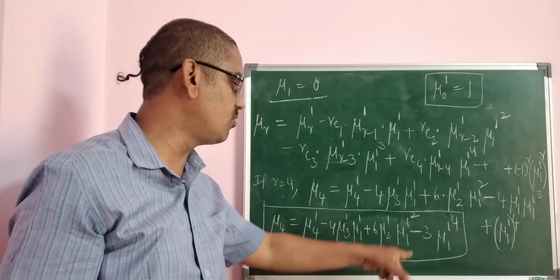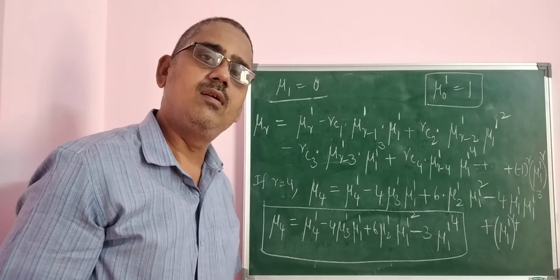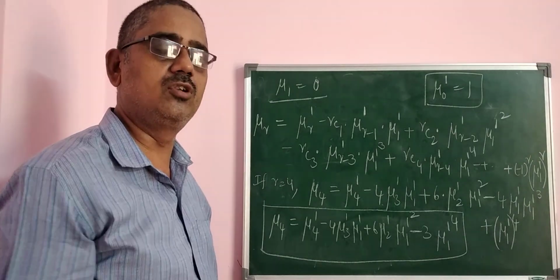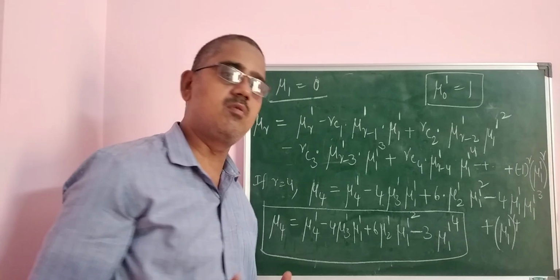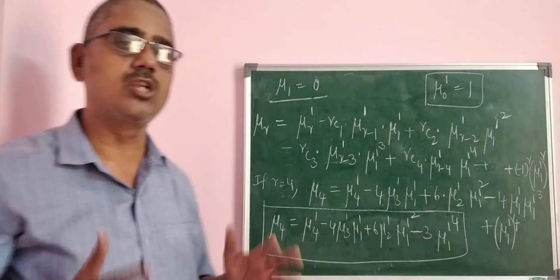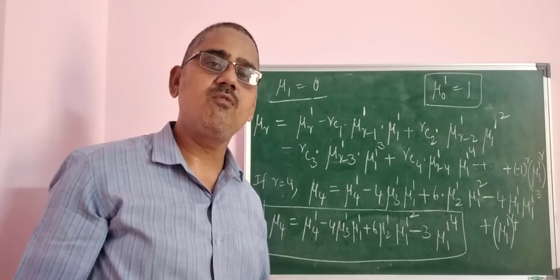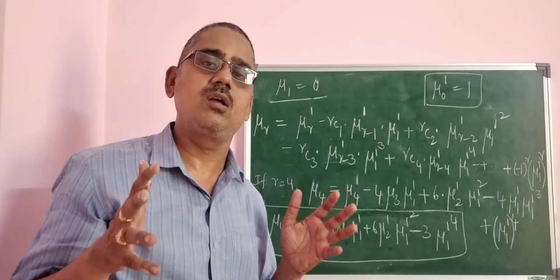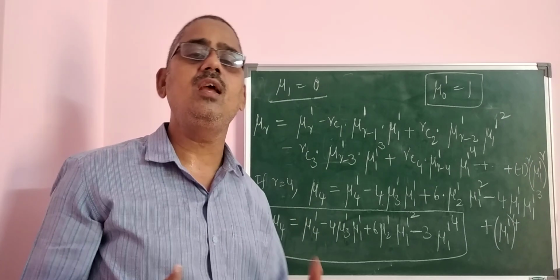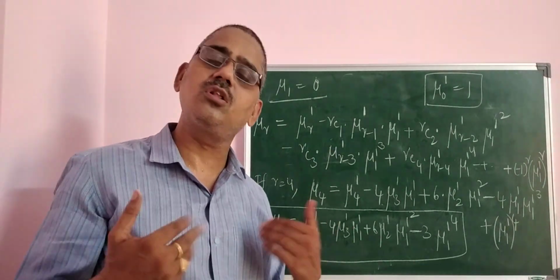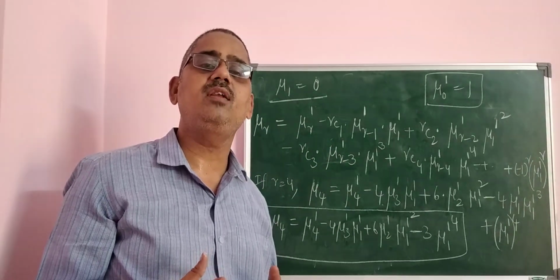This is the relation between central moments in terms of the non-central moments. And we have also obtained the first four relations. Of course, only 3, since mu 1 is equal to 0, the remaining are all 3. Fine? Thank you.